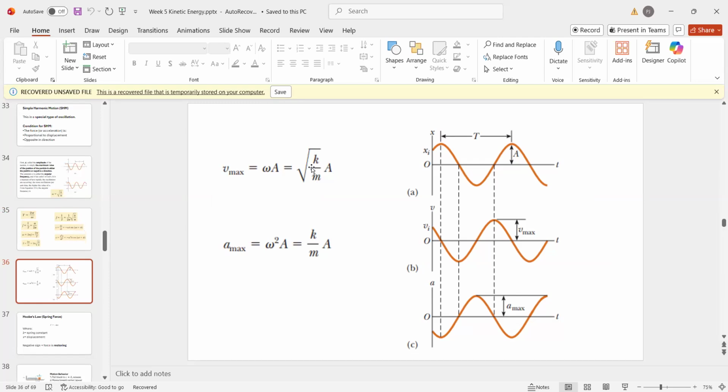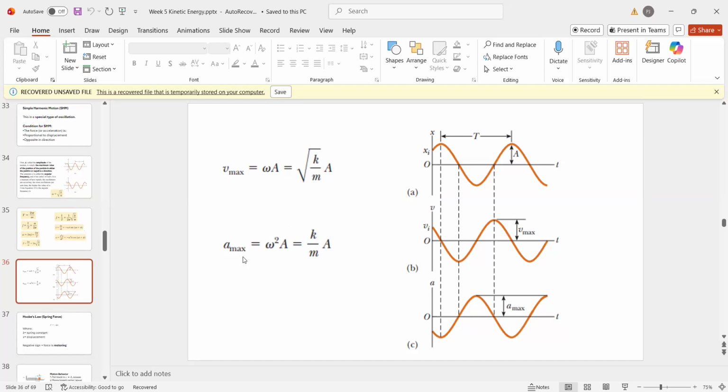So you're able to have the V maximum. You have your square root of k over m multiplied by the amplitude. But when you come to acceleration, you have omega squared times the amplitude, equal to k over m times A. You see that the square root has been removed, because when you square this value, the square root goes away.